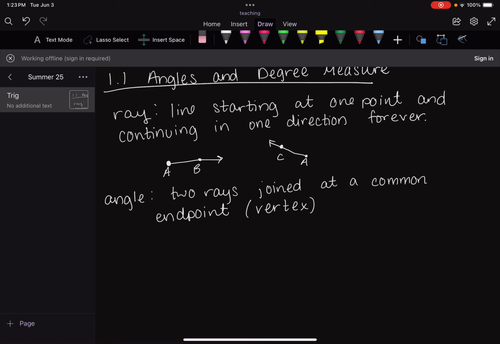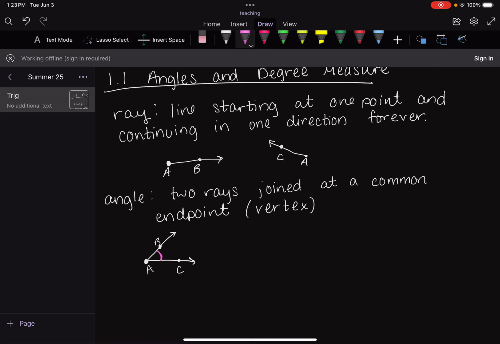I'll show you some ways that we can draw angles. Let's say I draw this ray AB, and I draw this ray AC. So now we have an angle.